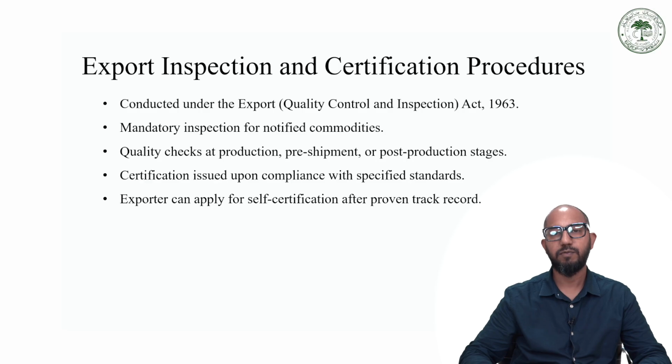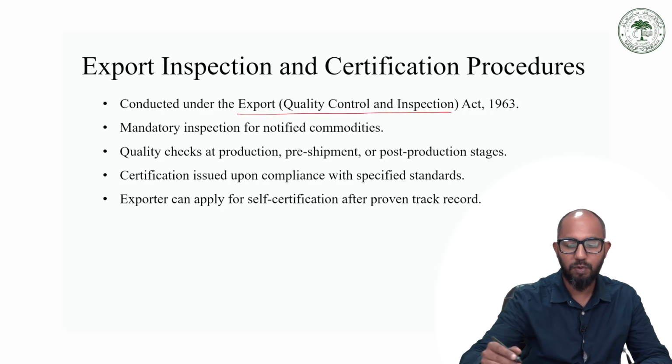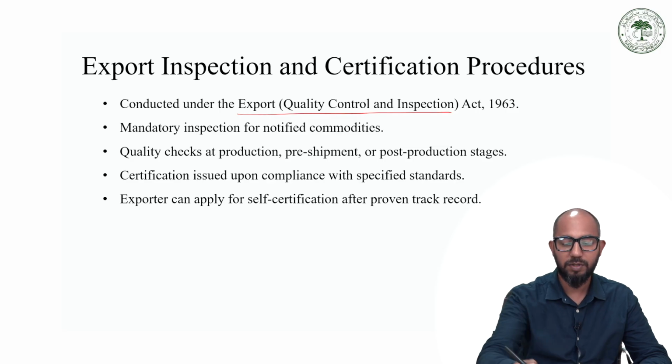Let us now try to focus on export inspection and certification procedures. Export inspection is conducted under the Export Quality Control and Inspection Act 1963. The export inspection is mandatory for notified commodities.